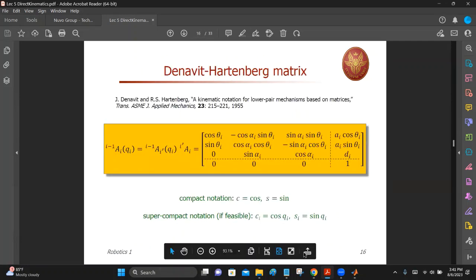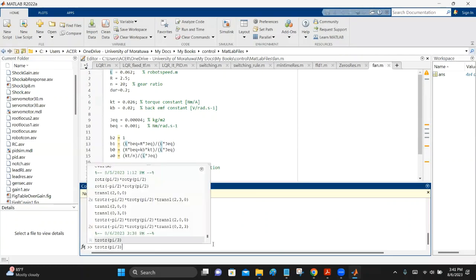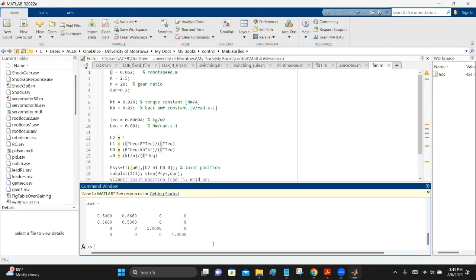So in MATLAB, you can figure that out. The command for that is transl, a translation, let's say 0, 0, 3, whatever. So that is the translation operation.